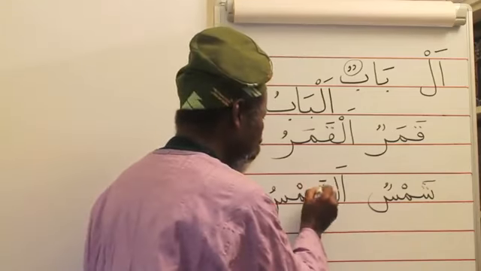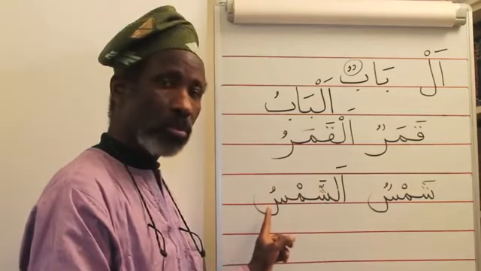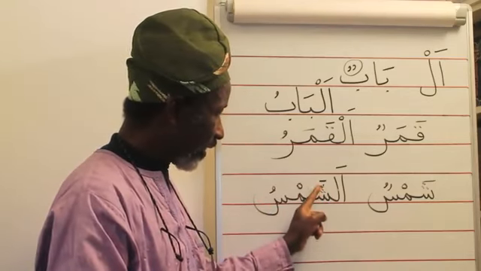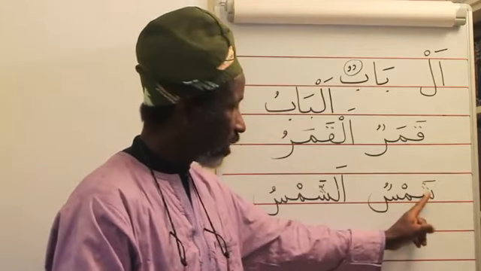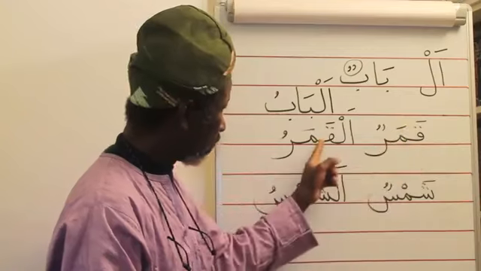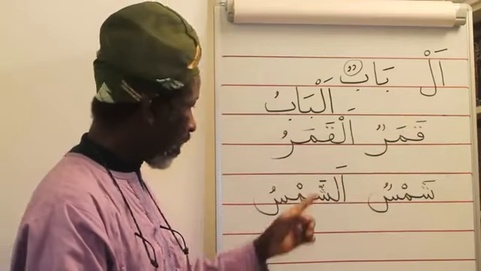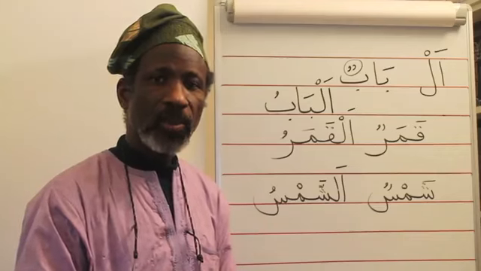Here, ash-shamsu, the sheen is suddenly carrying shadda. Here no shadda, there is shadda here. Why is this one carrying shadda, and why is this one not carrying shadda?